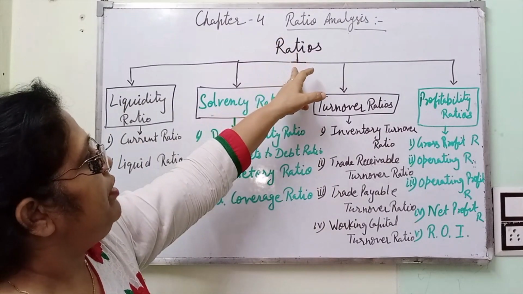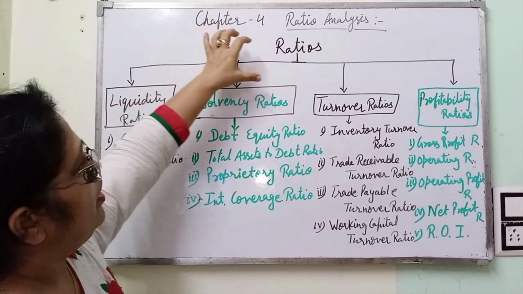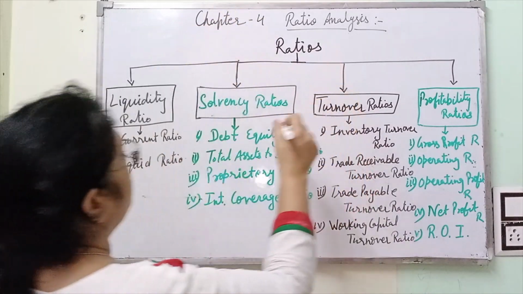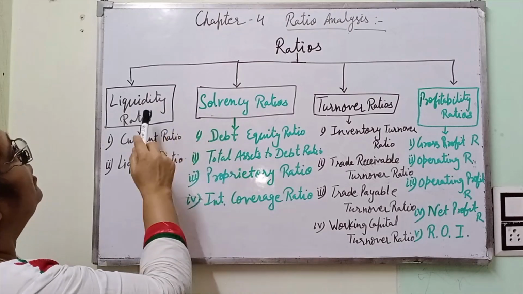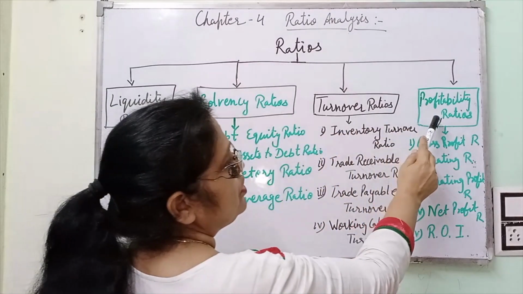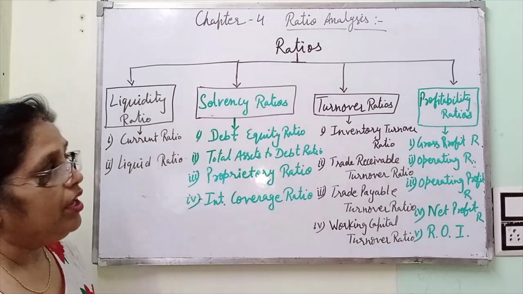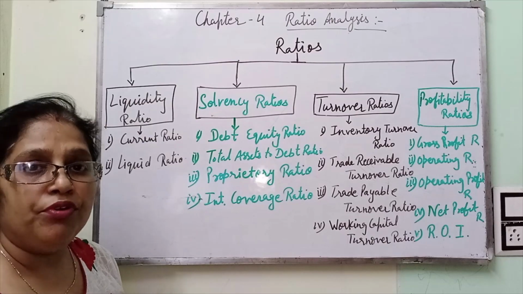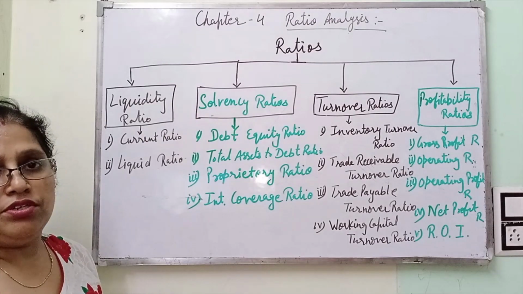So ratios can be calculated in the company, and total ratios are divided into four parts: liquidity ratio, solvency ratio, turnover ratios and profitability ratios. Each ratio plays an important role for the organization.